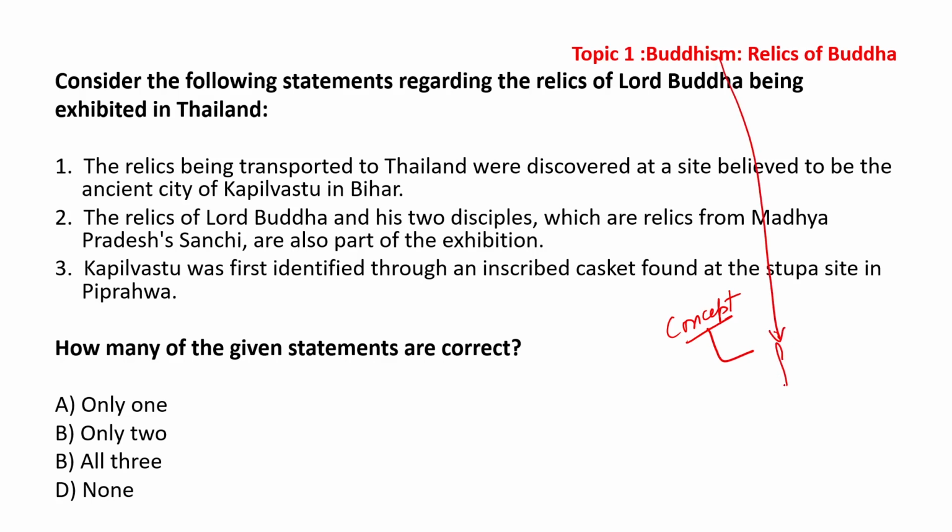Buddhism is one of the favorite areas of UPSC. You will find plenty of PYQs based on various facets of Buddhism. Relics is one of those aspects. Then there are the subsects of Buddhism, right?